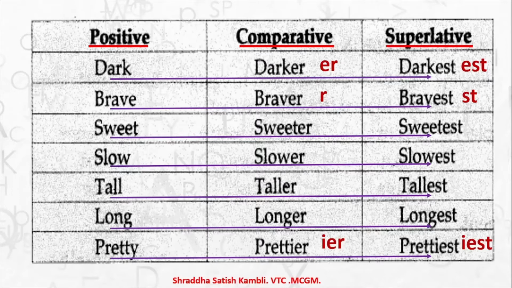That means the way in which you write the comparative degree and the superlative degree are different for different types of words. That is where we say that there are certain rules for forming the comparative and superlative degree. Now remember children, whenever we say rule in languages, it is not like the rules in science.